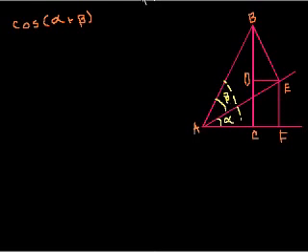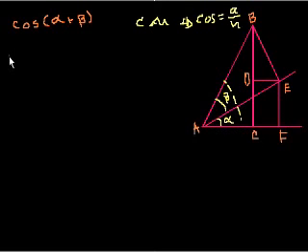SOHCAHTOA. Cosine is equal to adjacent over hypotenuse. So for this large angle, what's the adjacent? It's line AC.